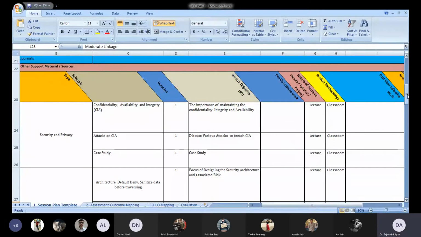The Bell-LaPadula model takes care of confidentiality more. Confidentiality, as we have discussed, means no one should be able to access data which is confidential. You are trying to control the access.